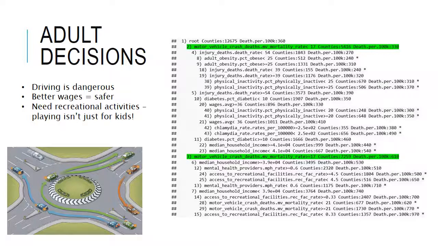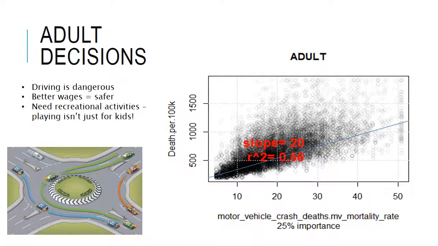Looking further at this, you can see that driving is very dangerous. For counties where the mortality rate is higher, the deaths per 100K is nearly doubled. But also other interesting features can be determined from this chart: as wages increase, mortality also decreases, and even recreational activities are needed for adults.